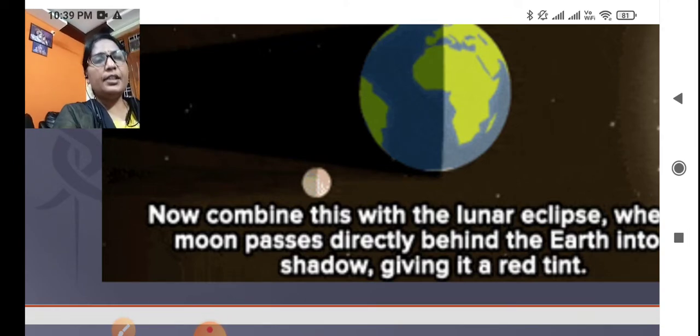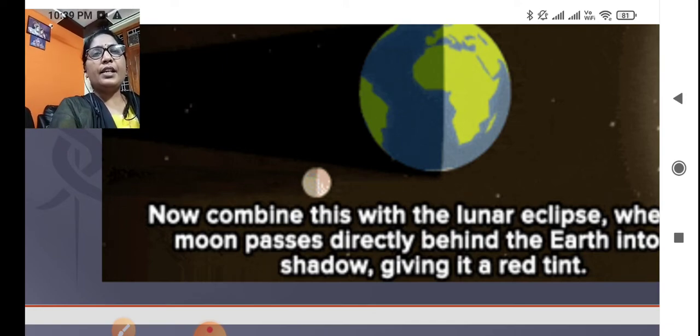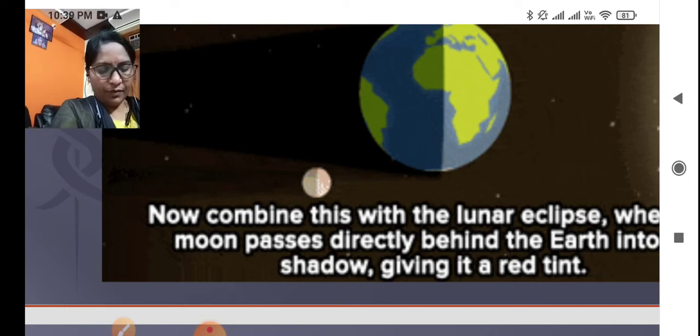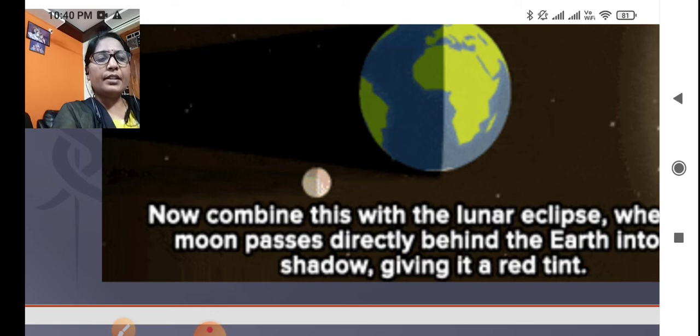The earth is in the middle. It's coming into whose way of light? The sun's way of light. When the sun is giving us light, on this way of light the earth is coming. So the earth is in between the moon and the sun.